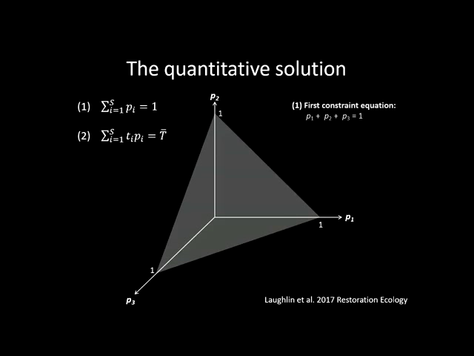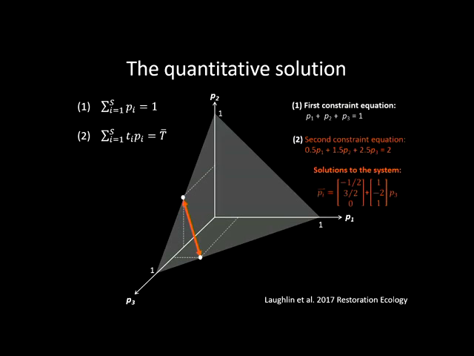So all of the spots that are located on that plane, they all represent solutions where the abundances sum to 1. Okay? Now the other equation we want to add is the second equation, which states that the linear combination of the traits and those abundances, they all sum up to this average trait value, this community-weighted mean trait value. Okay? So then if we add that second constraint, that further constrains all the solutions to be located on a single line that occurs on that plane.